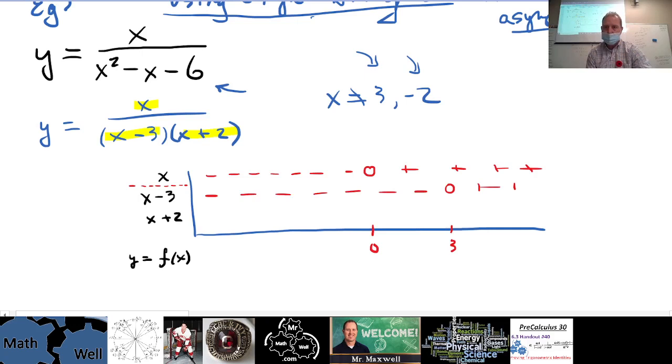And we have positives over here. So again, if you're unsure about this, just pick a value like greater than 3, like 10. 10 minus 3 is positive 7, so you know it's positive over here where 10 would be, and it's negative at 0. 0 minus 3 is a negative value, so it's negative over here. And then do the same thing for plus 2. That's going to be at negative 2 is where this is 0. Negative and positive.